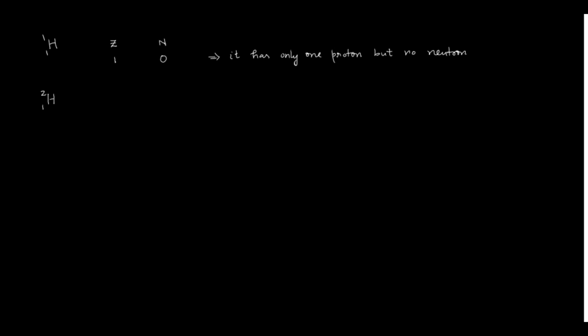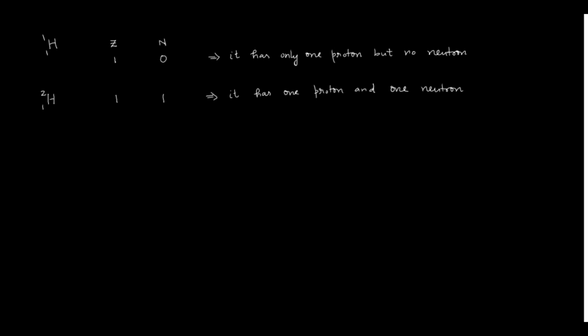So what is the atomic number? Atomic number is 1. Mass number is 2. Therefore mass number minus atomic number gives you the number of neutrons. So the number of neutrons is 1. So which means it has 1 proton and 1 neutron.